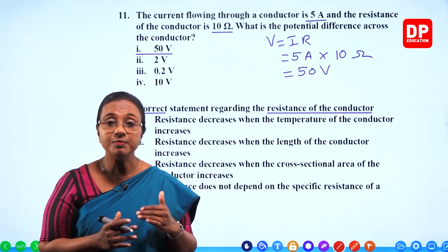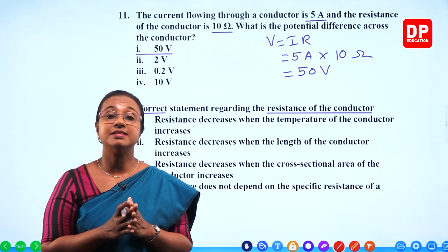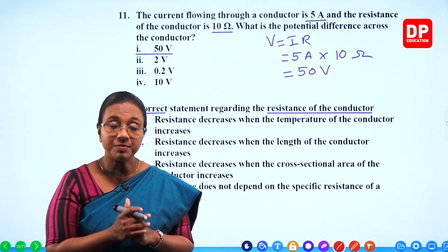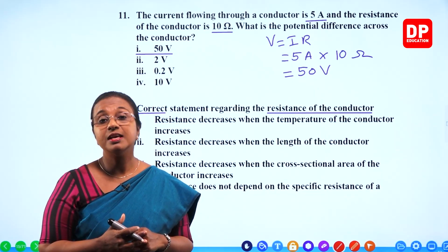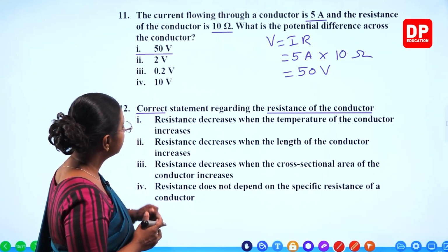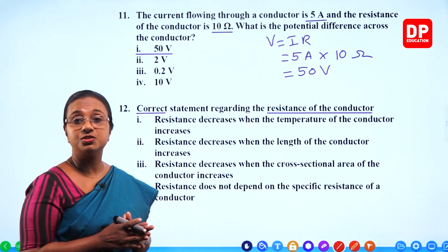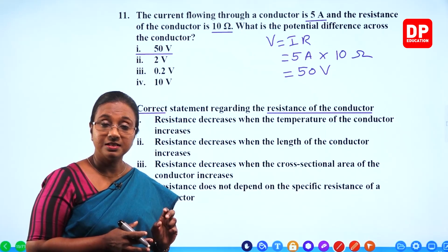And when you divide potential over current flow, you get the resistance, and that is a constant at constant temperature. So if temperature increases, the resistance increases. So resistance decreases when the temperature increases, it's wrong.